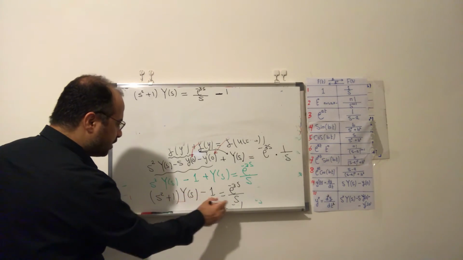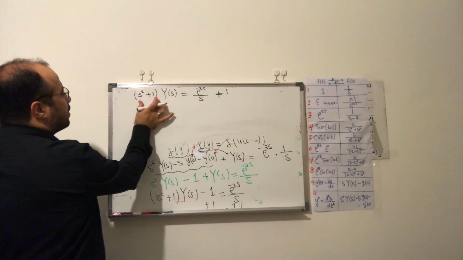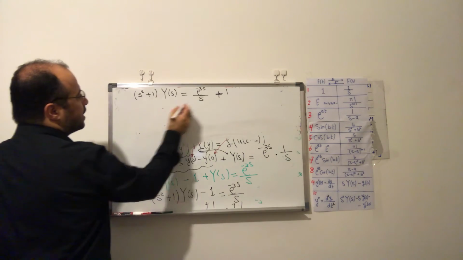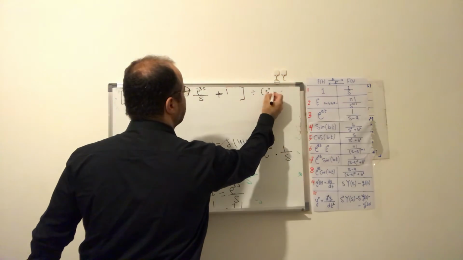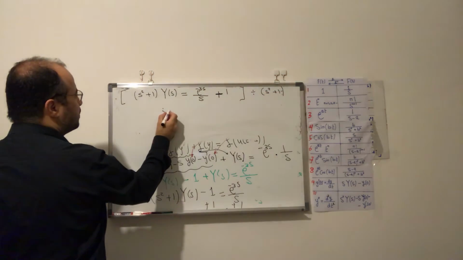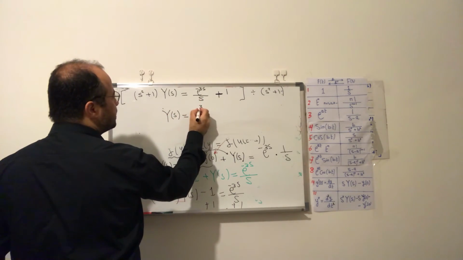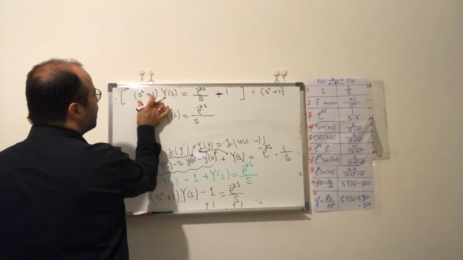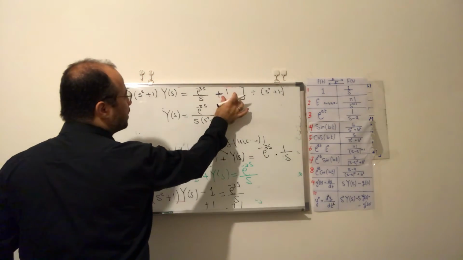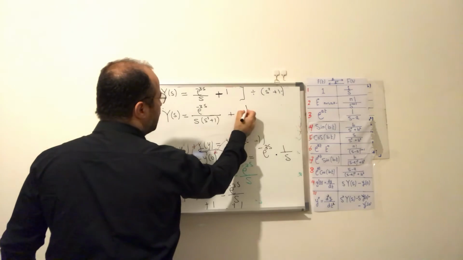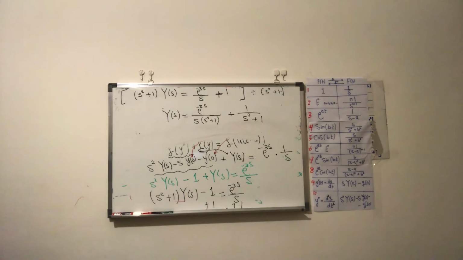So minus 1, then you add 1, and then you have plus 1. Now the next step is to divide by s squared plus 1. You are solving for y big of s, right? Then here you have e minus 3s over s, divided also by s squared plus 1. And also you need to divide the 1 by s squared plus 1, so plus 1 over s squared plus 1. So everything is divided by s squared plus 1.